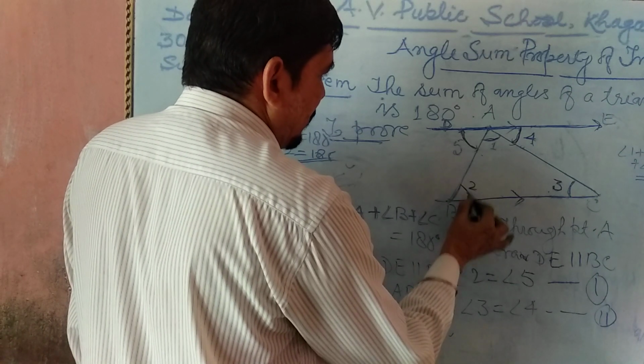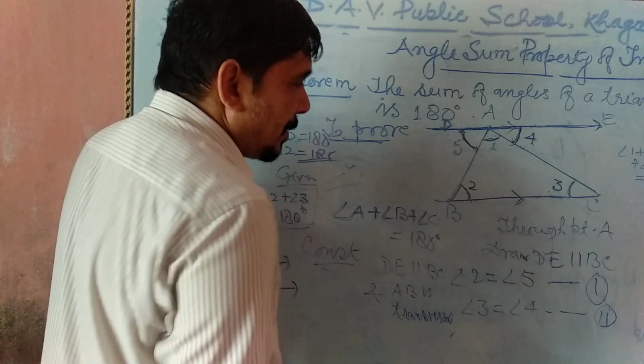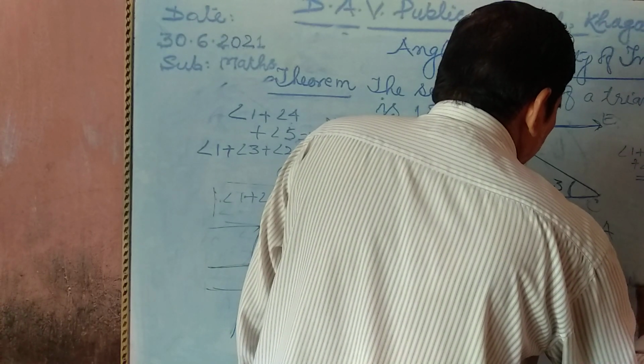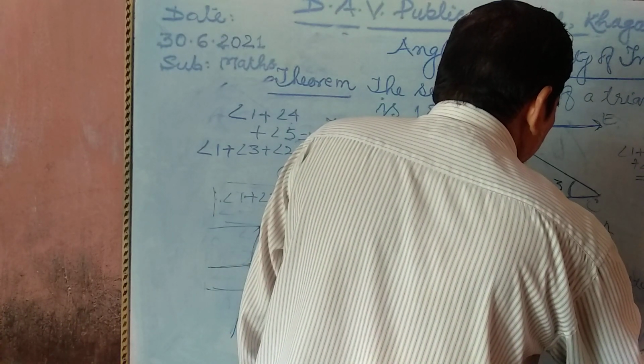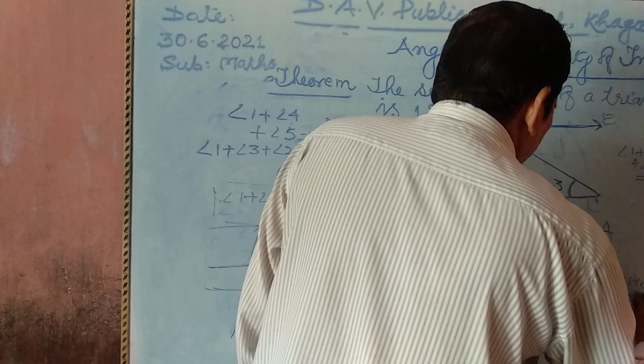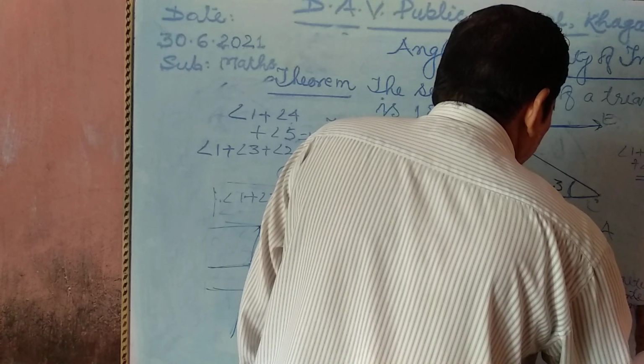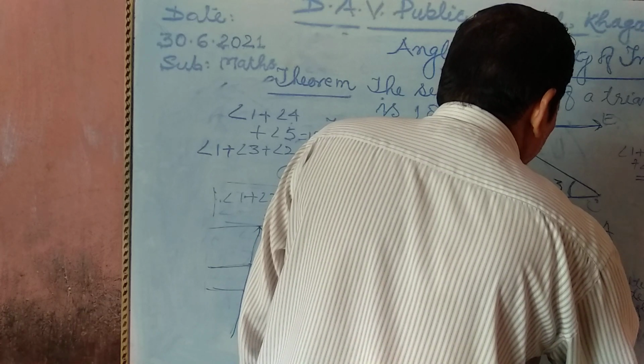Therefore, angle 2 is equal to angle 5. These are alternate interior angles, which are equal.